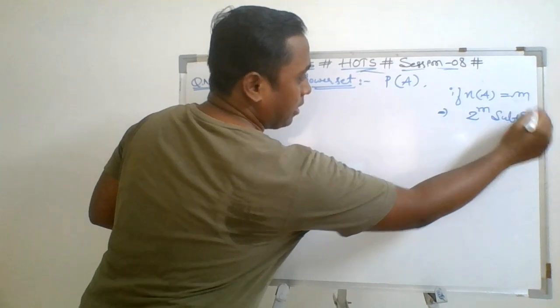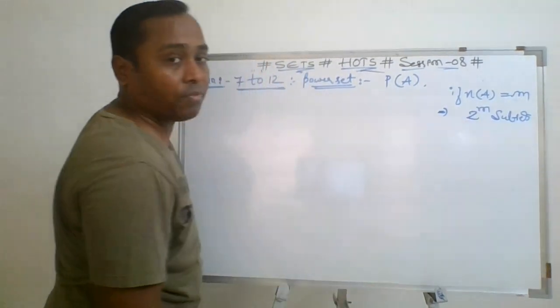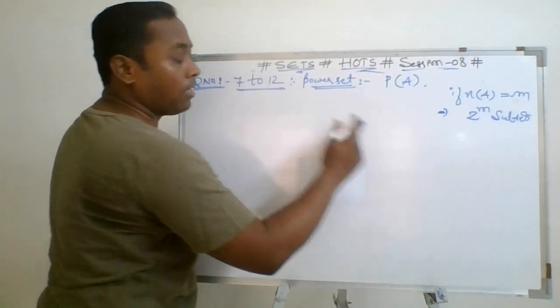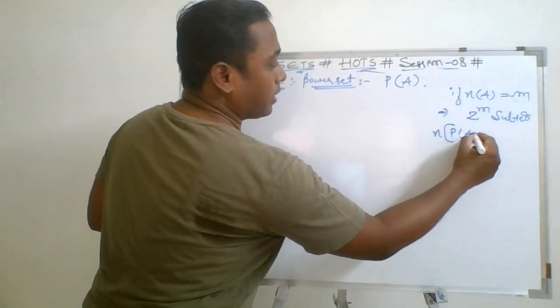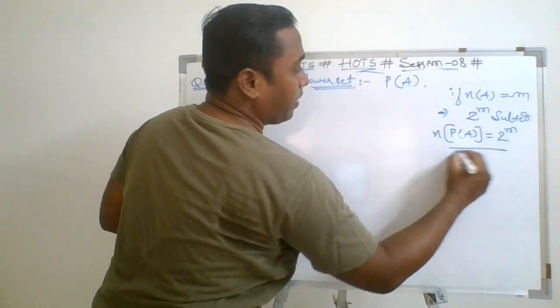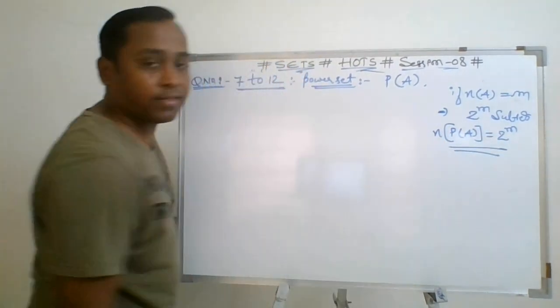Am I right? If you write all the subsets of a set, that collection of all subsets is known as the power set. Hence, the number of elements in the power set is also equal to 2 to the power of m, because all these subsets become the elements of the power set.